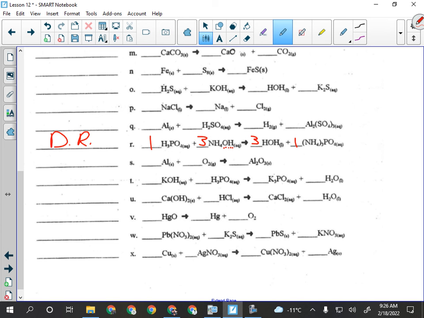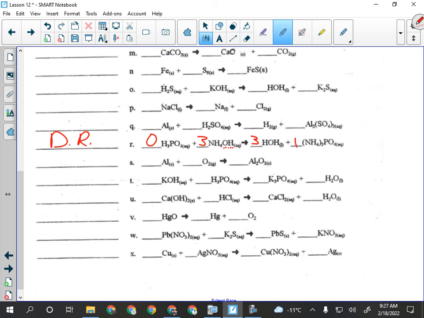So if it's a fill in the blank, put 1s in the blanks. If you're writing out the whole reaction yourself, don't write 1s. I'll know you didn't put them in there for a reason. But if it's fill in the blank and you leave them blank, it doesn't look done, and then I don't know which is which. And also, I see this happen sometimes.